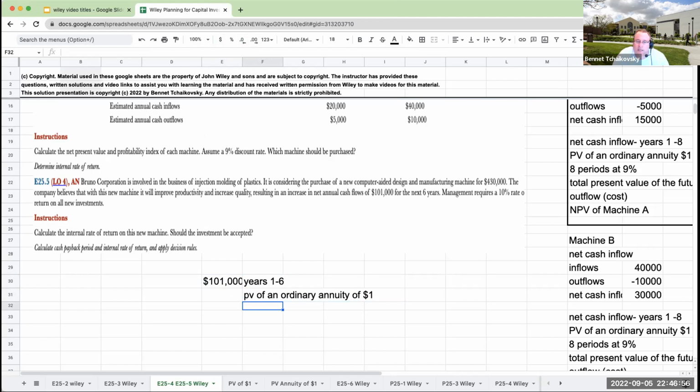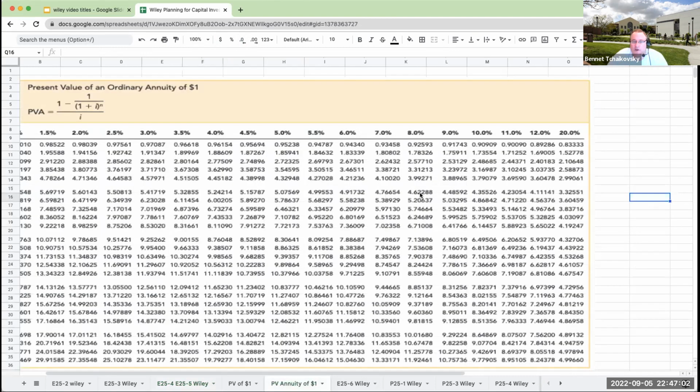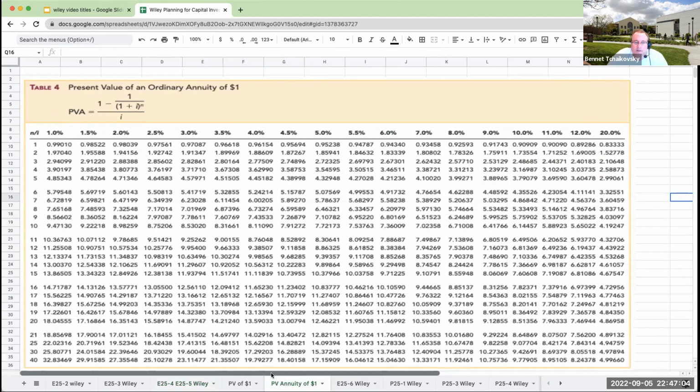So this is going to be 6 periods at 10%. When I go to the present value of an annuity of $1, this is going to be 6 periods at 10%, or 4.35526.